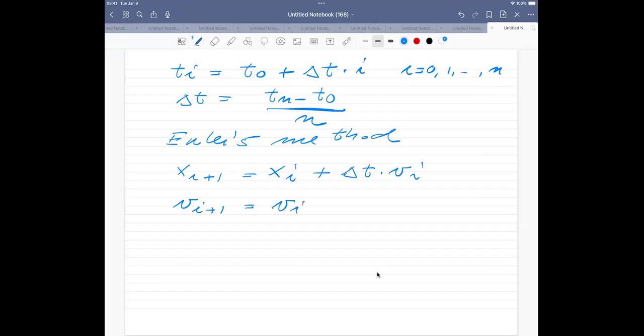And we have the same for the velocity, which is given by v of i plus 1, which is given by the previous velocity plus delta t. And this is multiplied with the derivative, which is now f of i minus this parameter eta times v of i minus this parameter x times this position x of i. This is Euler's method.